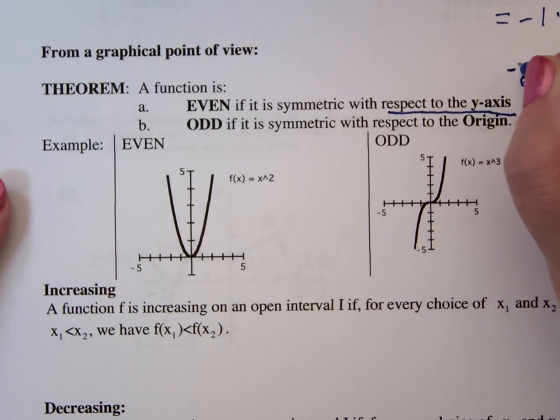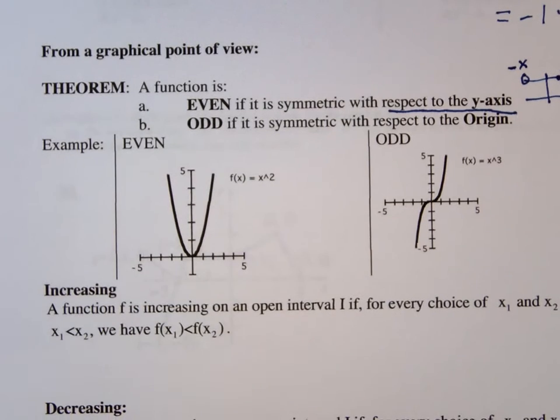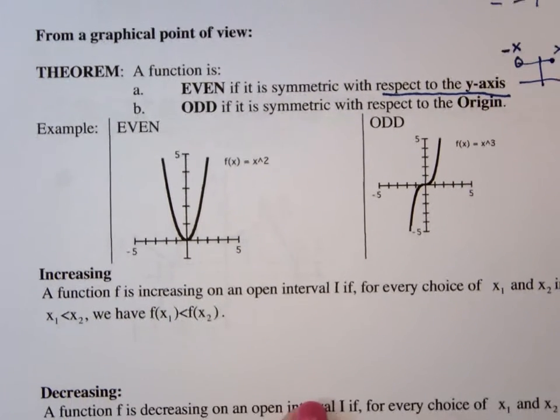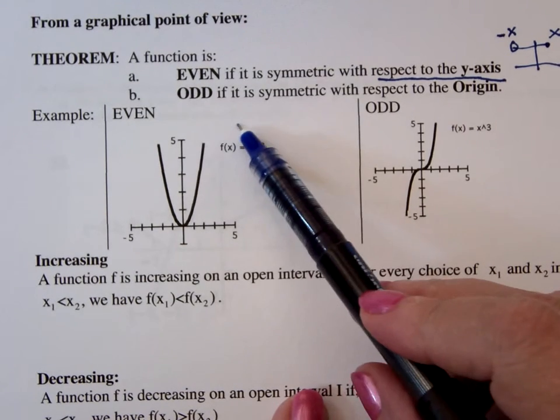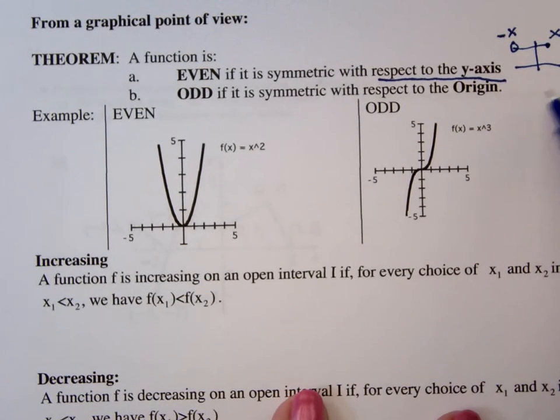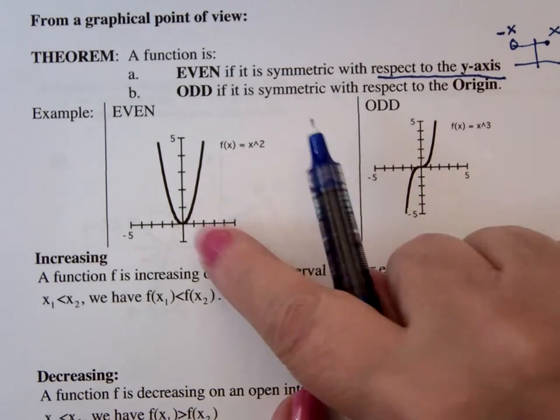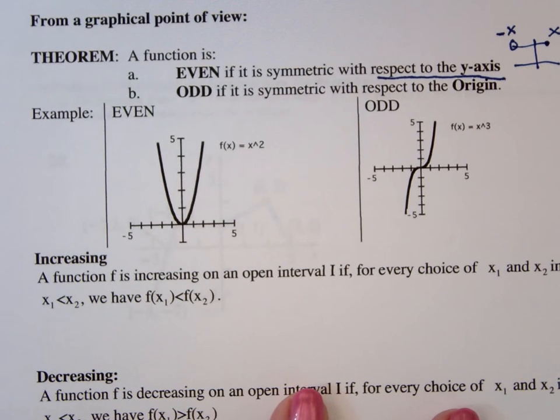This is minus x. And odd if it's symmetric with respect to the origin. And I used x squared and x cubed. Something that is going to be fan faves.